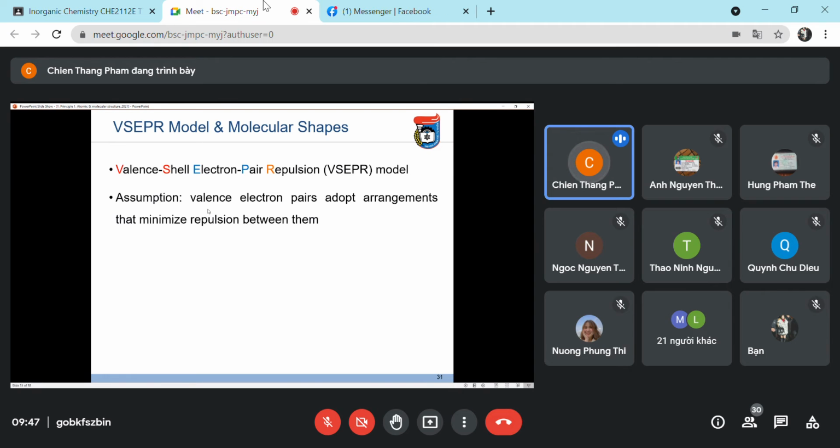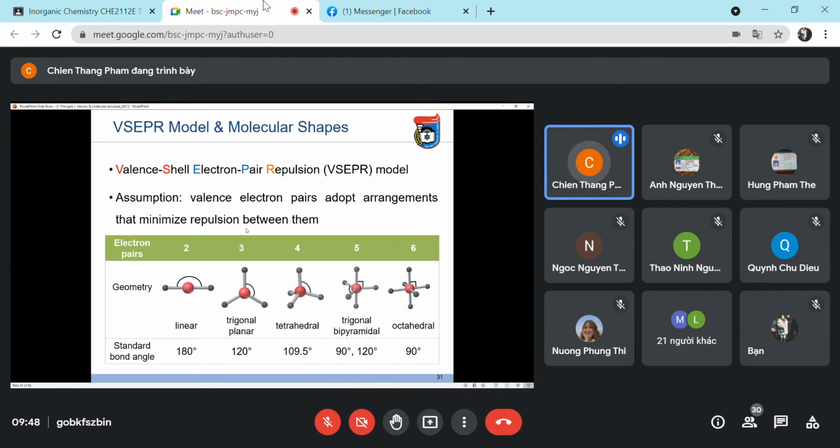Because the electron pair is negatively charged, there is a repulsion between the electron pairs. According to the model, the valence electron pairs in the molecules arrange themselves to minimize the repulsion between them.